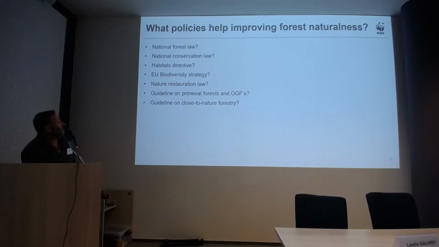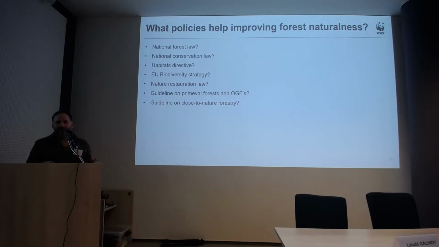And for the end, this is my last slide. Just some questions. What policies help improve forest naturalness? If I would say just a sentence, none of them are really effective in my point of view. So, for example, the National Conservation Law says that you have to leave residual trees after the logging, or you have to leave some dead wood, or you have to take care of the trees with nests.